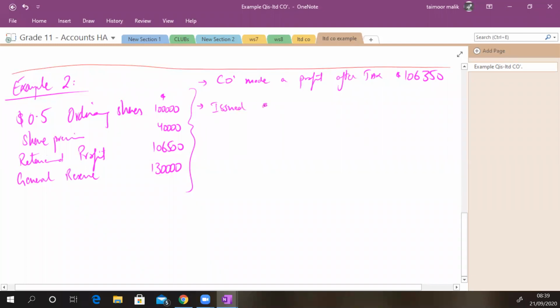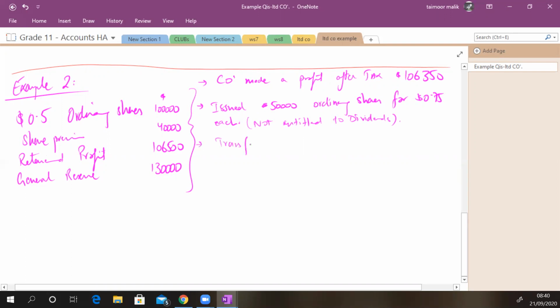Issued 50,000 ordinary shares for 0.75 each. ठीक है? Not entitled to dividends. जो शेयर हमने अभी इशू किया उनको हम डिविडेंड नहीं पे करेंगे.